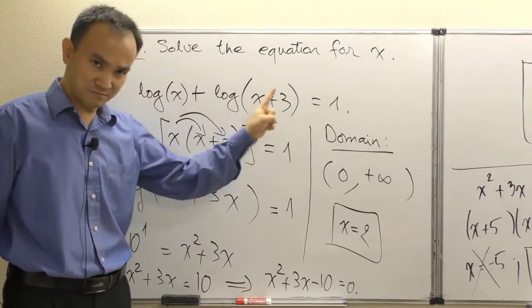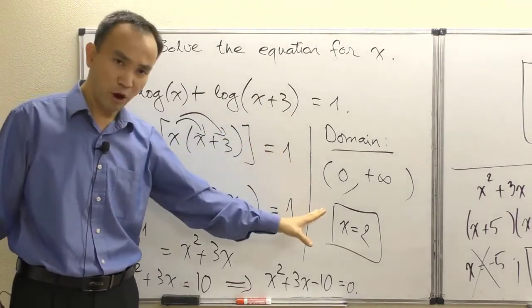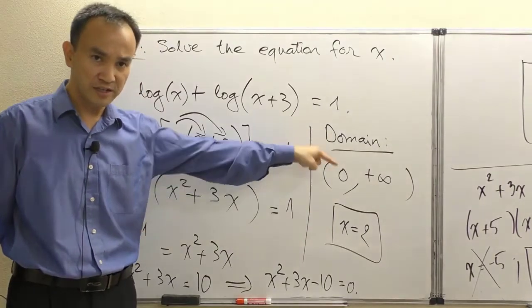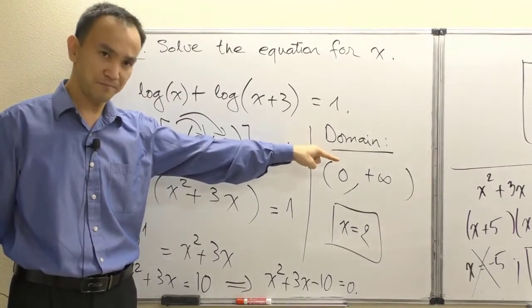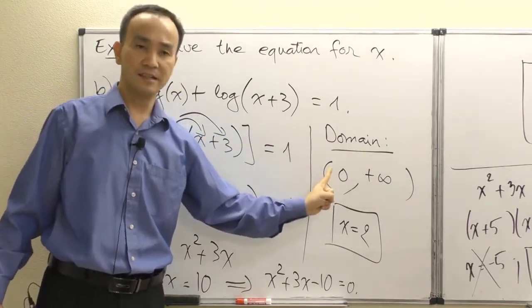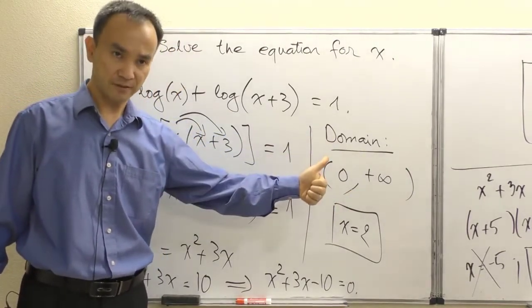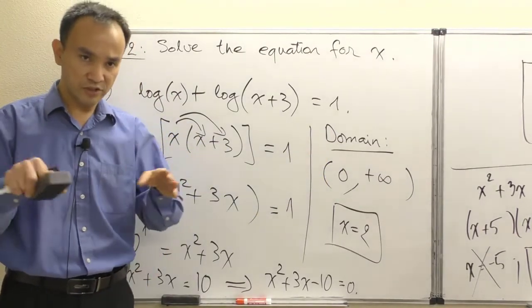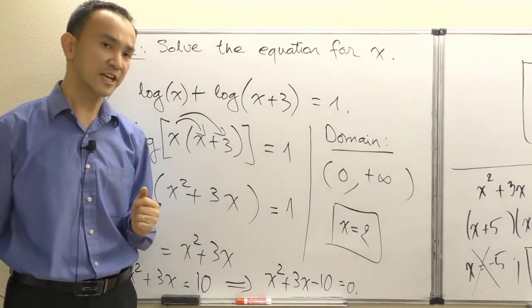So get the domain, and we always have to ensure our found solutions, or any tentative solution, meet the domain requirements. That's why finding the domain is one big key step that drives your solution and narrows down your solution set.